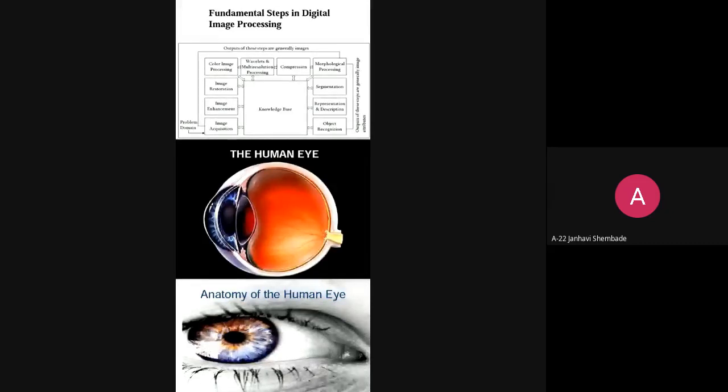And representation is how we can represent the image in an X and Y plane. And the last block is object recognition. If an image consists of a number of objects, and from those objects we have to identify a single object, that is called an object recognition technique. Okay, so these are the fundamental steps. This is the important point in image processing.